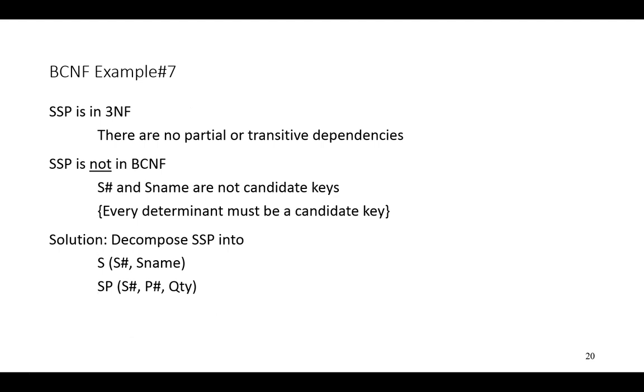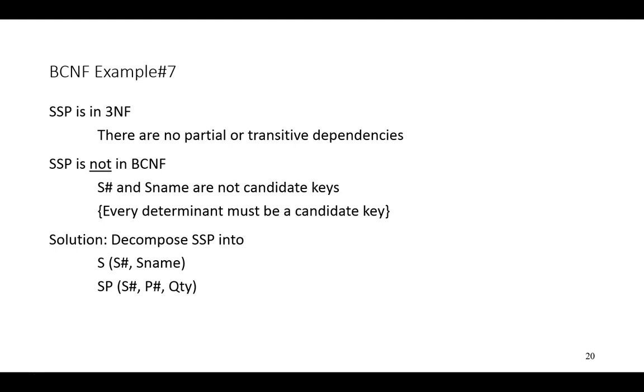So SSP qualifies as being in third normal form. There are no partial dependencies, nor are there transitive dependencies. However, SSP does not qualify as being in Boyce-Codd normal form. S number and S name are not candidate keys, yet they are determinants, and every determinant must be a candidate key.